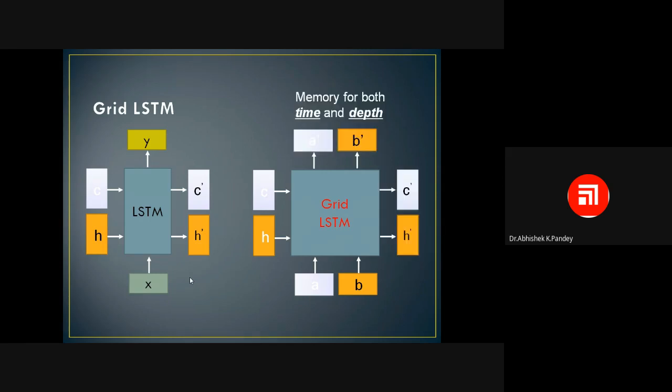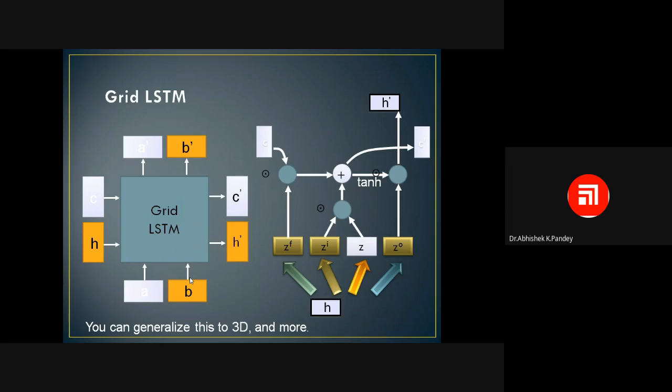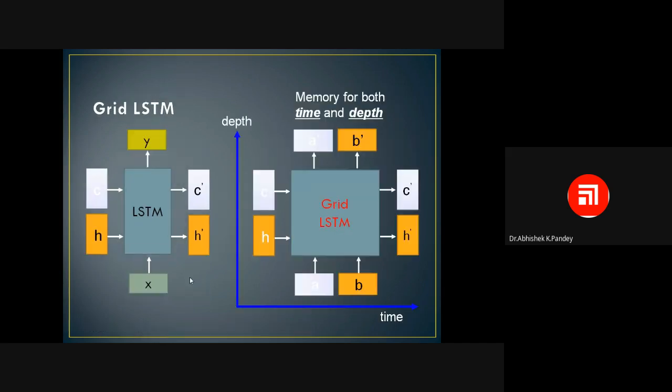Unfortunately, if we talk about memory for both time and depth, you can see it here, time and depth. The range of contextual information that a standard RNN can access in practice is quite limited.